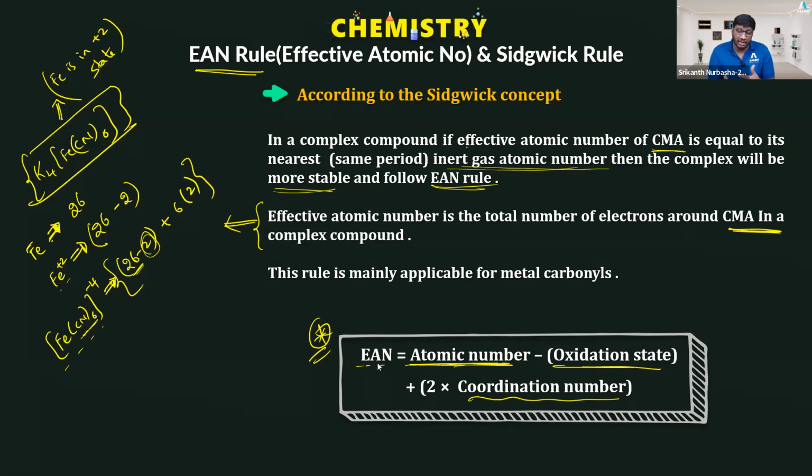We can actually talk about stability of complexes. If effective atomic number is equal to the nearest inert gas atomic number, then the complex will be more stable, and it is said to be following the EAN rule. The formula to calculate EAN is atomic number of the metal ion minus oxidation state plus 2 times the coordination number. Let us look at a few examples.